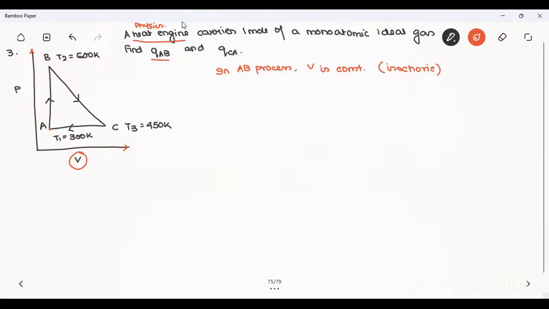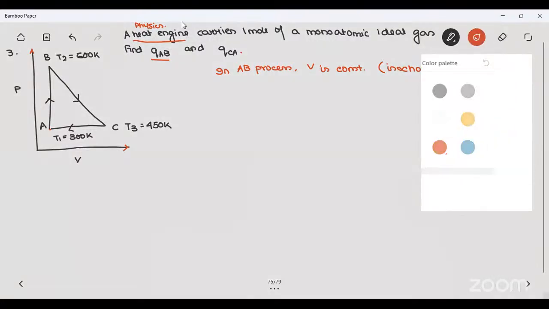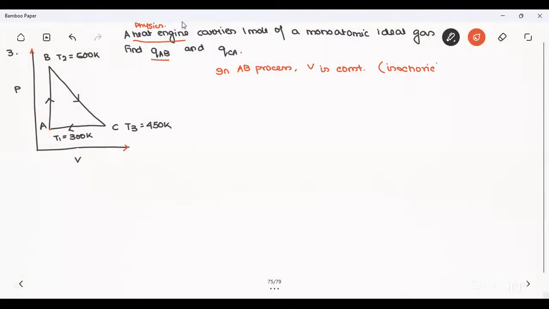Is this part clear why I wrote isochoric process? Yes, ma'am. So from this we know that AB is an isochoric process. Now, what is QAB? We need to calculate QAB. QAB is delta U. How I have written QAB as delta U, you can find from our previous notes only.